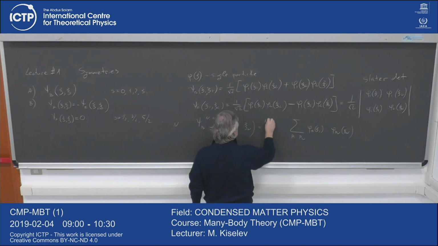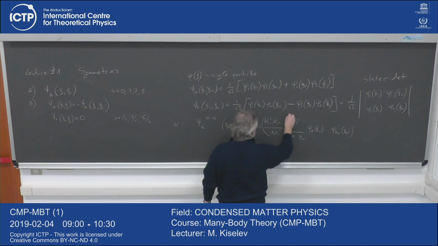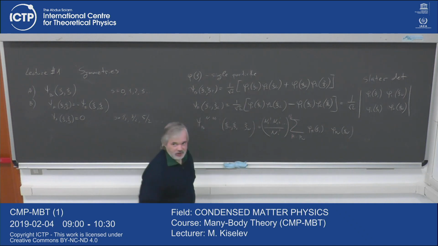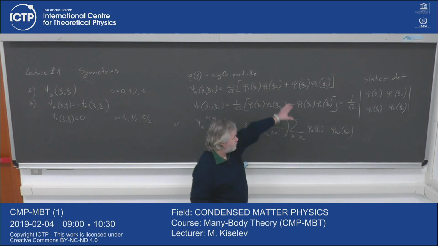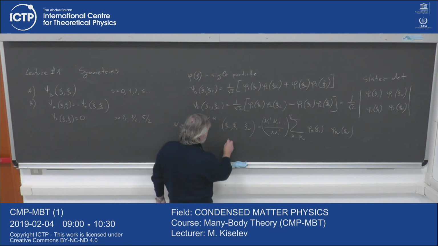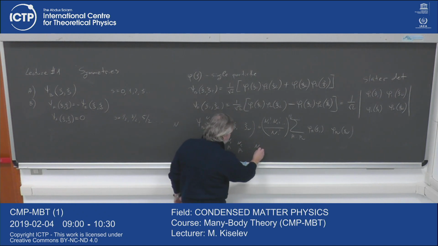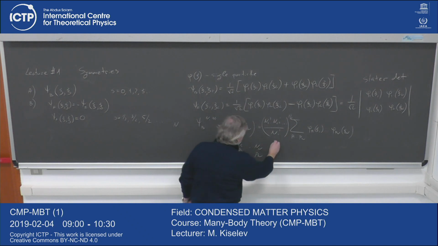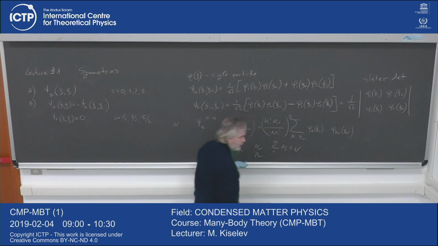And here there is a normalizing multiplier, (n1! n2! ... / n!) to the power 1/2. We assume that this is a sum of all possible permutations, symmetrized, and we assume that there are n1 particles in state p1, n2 particles in state p2, and so on, and the sum over ni is equal to n.